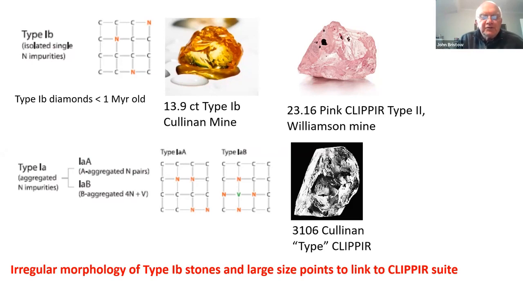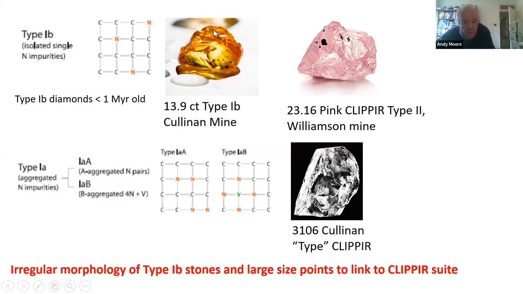Andy, what age data do we actually have for these big stones, if any, or reliable data? Well, I don't think we have any data, John, and the only evidence that I know is this evidence that I've discussed, that the morphology is so striking. I've seen other type 1b stones that they produced quite a few of in that Nauja pipe, I think that's how you pronounce it, in Canada.